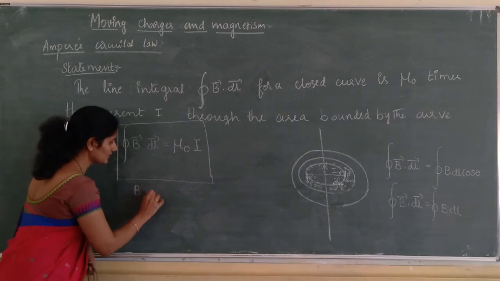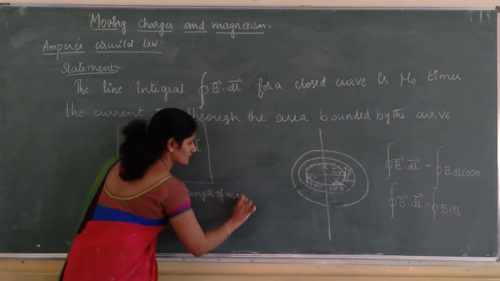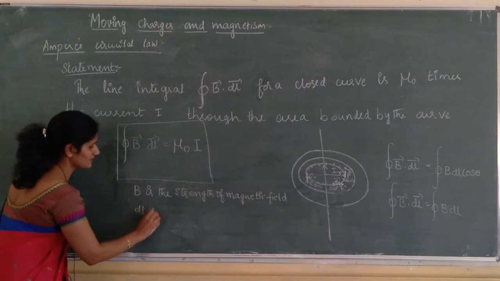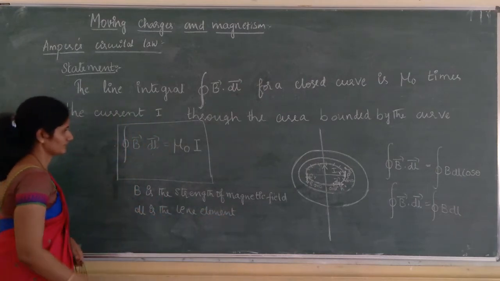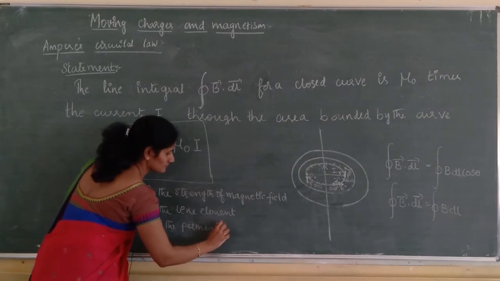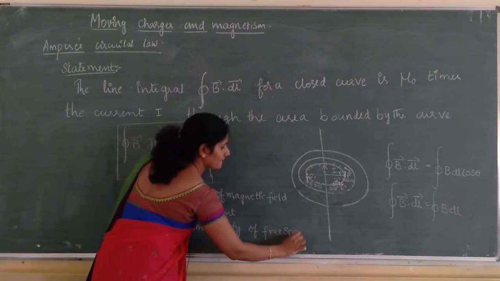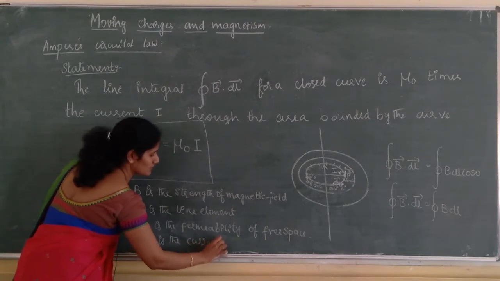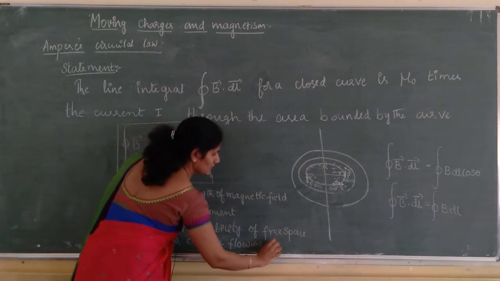So, I will write: B is the strength of the magnetic field, dl is the line element, mu naught is the permeability of free space, I is the current flowing through the conductor, which is enclosed by the curve.